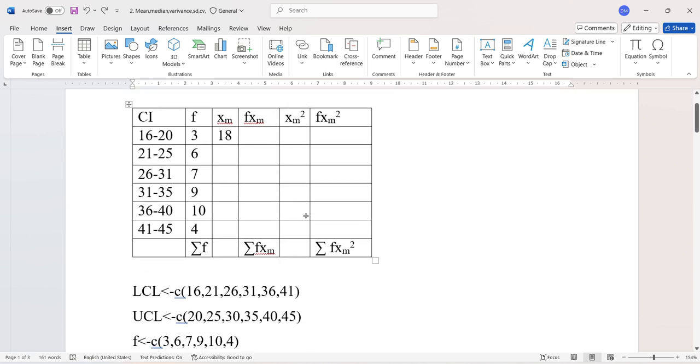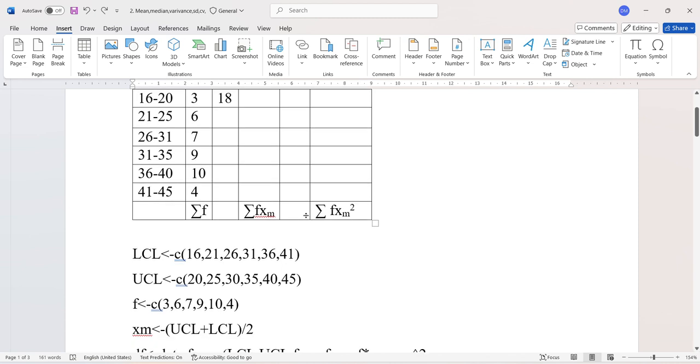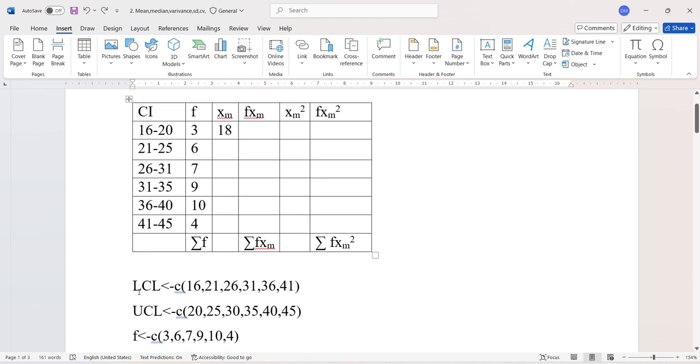Now let us look at the code properly. LCL means the lower class limit, UCL means the upper class limit. So we write LCL as the sequence of all the lower limits and UCL as the sequence of all the upper limits, like c of all these. Then for frequencies, you have to give all the frequencies. And then XM is the sum of the upper class limit plus the lower class limit over 2.